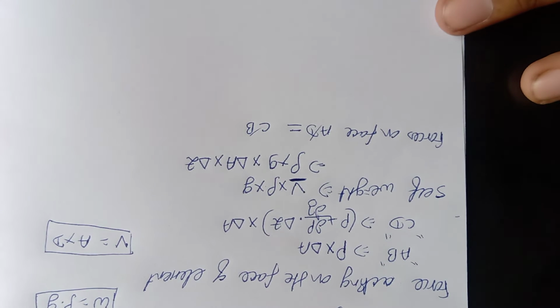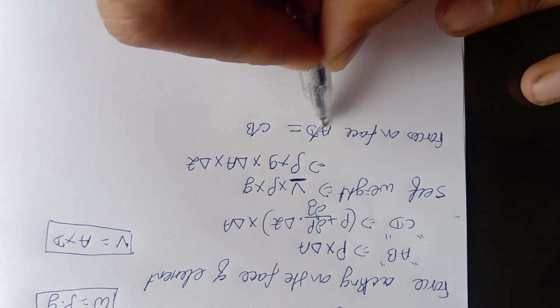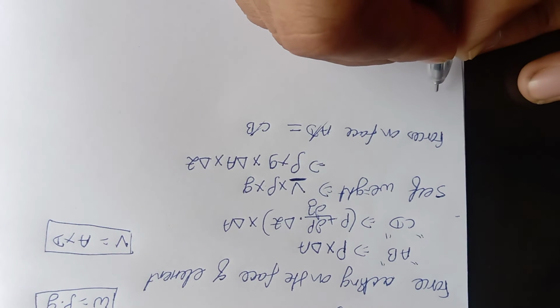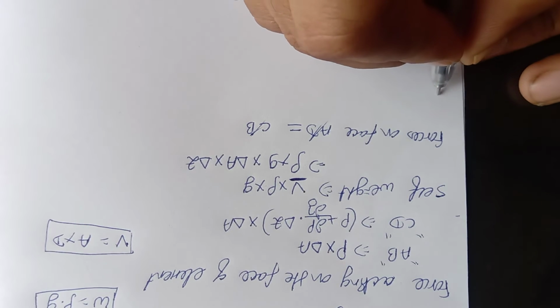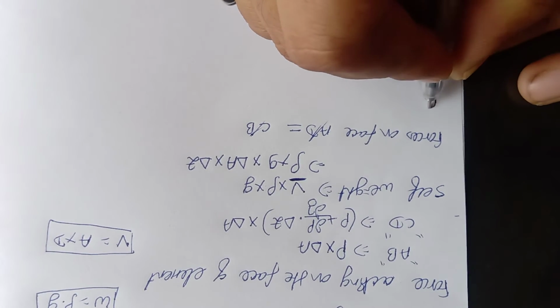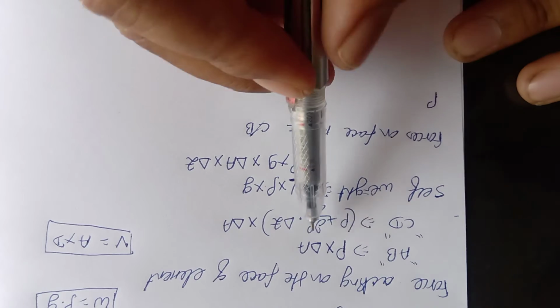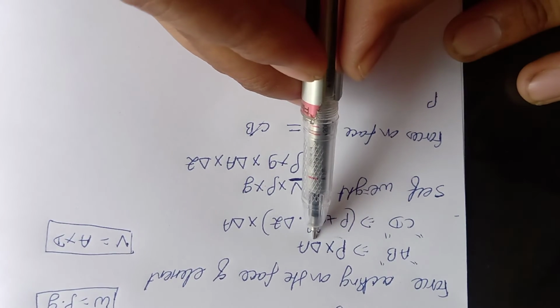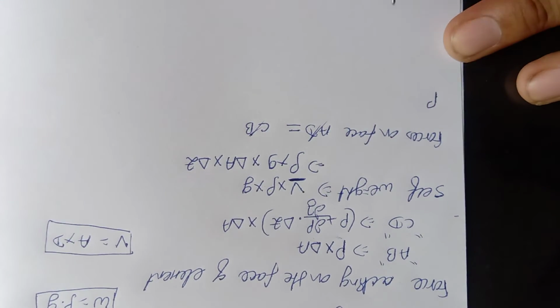Finally, let us see the equilibrium of the fluid element. If my element is to be in equilibrium, the forces should cancel each other. Now let us see what forces are acting on the element. The first one is P into dA, which is vertically downward, so positive.